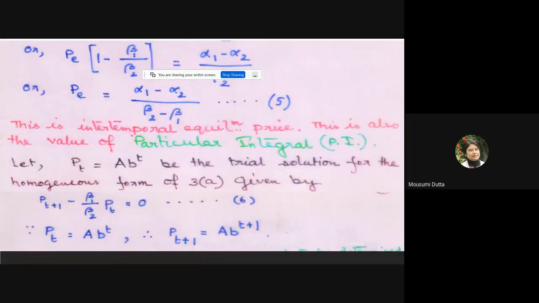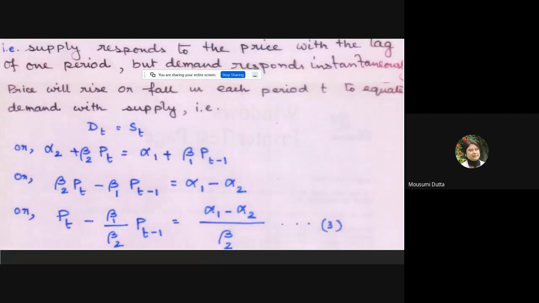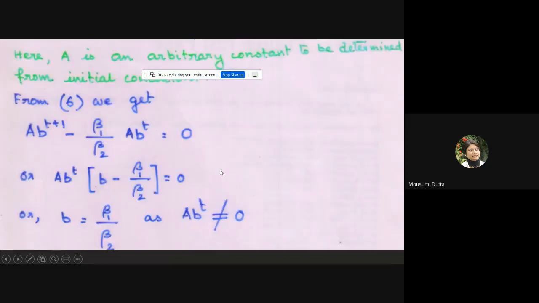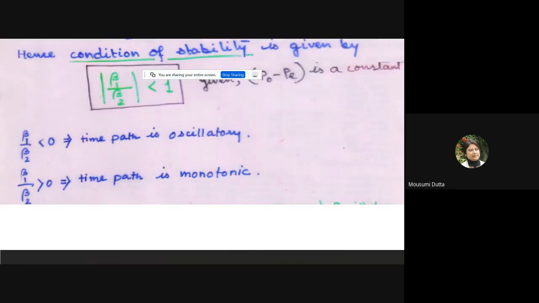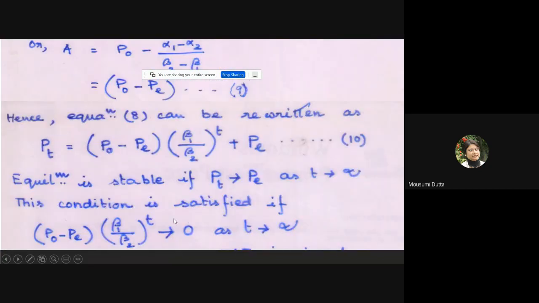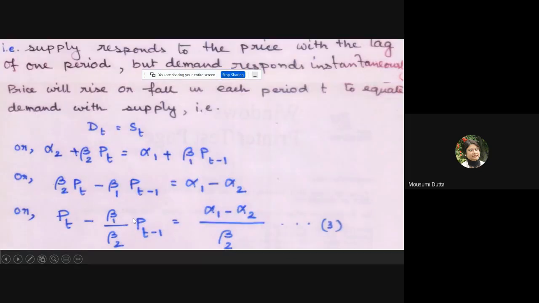Now, if you go back, what are these beta 1 and beta 2? Beta 1 is the slope of the supply equation. Beta 2 is the slope of the demand equation. Sorry, I think beta 1 is the slope of the supply, isn't it?